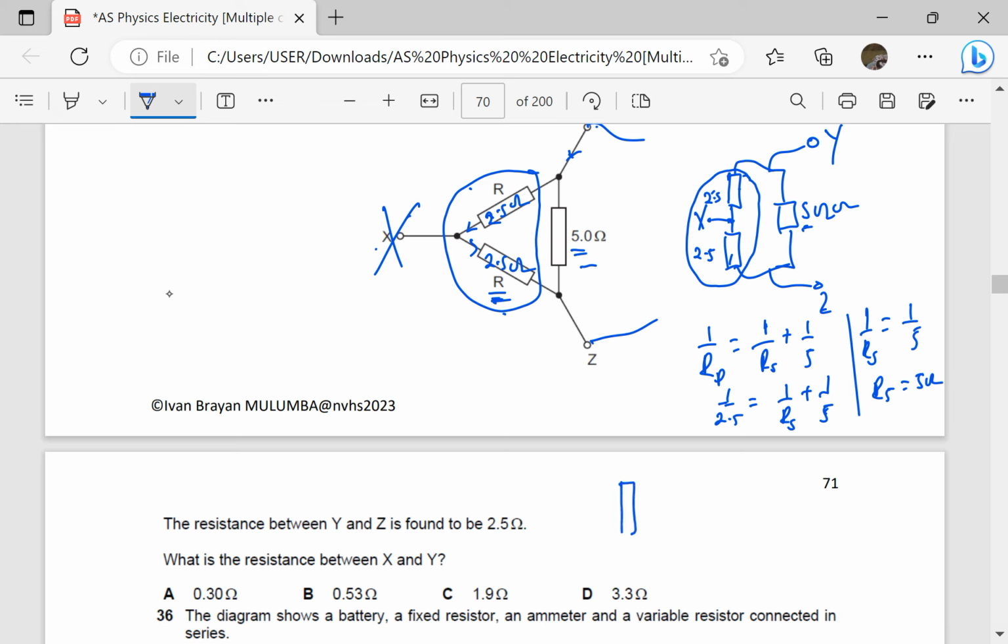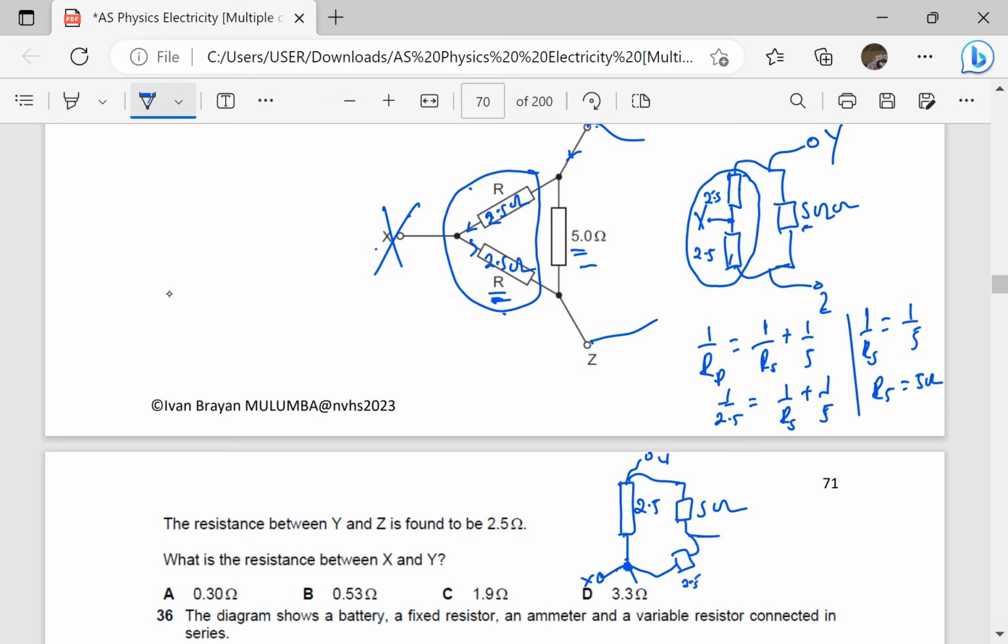Let's have a resistor here of 2.5, that side. So this side we have X and we have Y somewhere there. So this side we have 5 ohms and we also have R, which is 2.5.